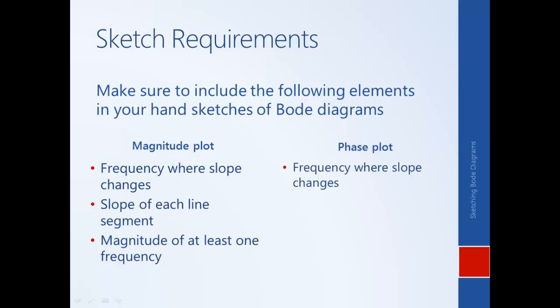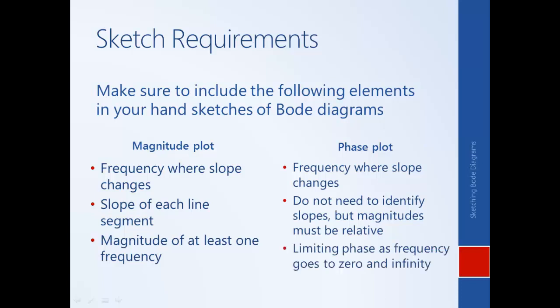For the phase plot, you also need to identify the frequency where the slope changes. You don't necessarily need to identify the individual slopes, but you do need to draw them to be correct relative to one another. And I'll try and explain this by going back to the previous slide in a second. And then the last requirement is that the phase of the phase plot be correct as frequency goes to 0 and frequency goes to infinity.